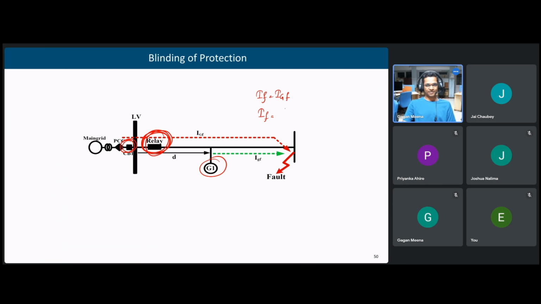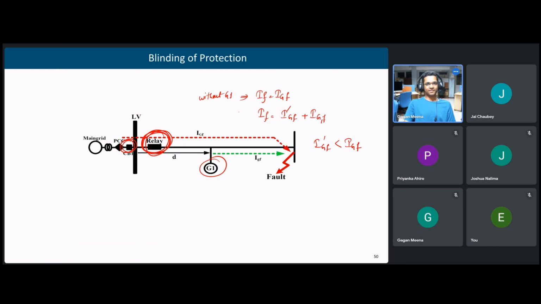But if G1 is also there, then the fault current is fed by both this grid and the generator G1. So in this case, this IGF is less than IG.